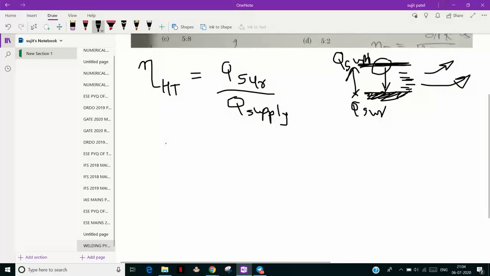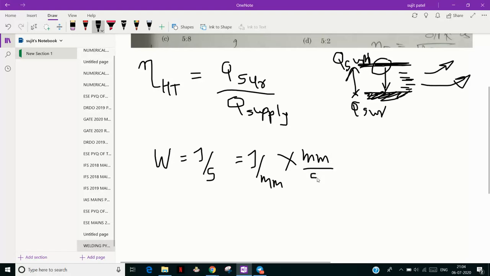Now we all know the unit of power is watt, also known as joule per second. If we multiply and divide by a unit dimension of length, let's say mm, this becomes joule per mm, known as heat per unit length, and per second is the welding speed.